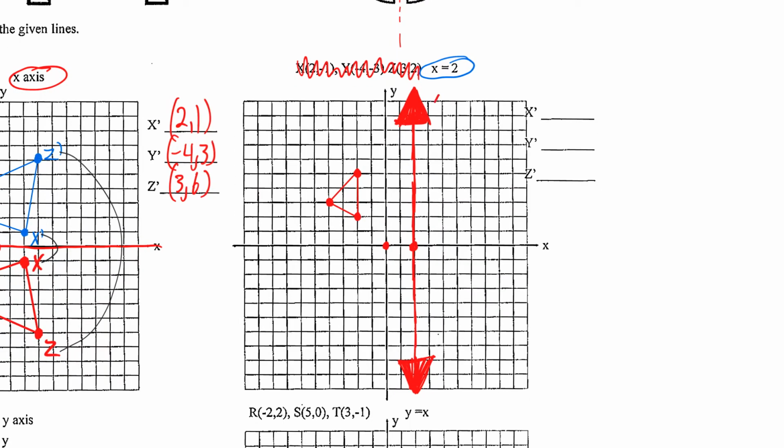This line right here is the line x equals 2. So make sure you shade that in on your paper. Need people listening, please. I see a lot of people with blank papers. Shade that in on your paper. X equals 2.